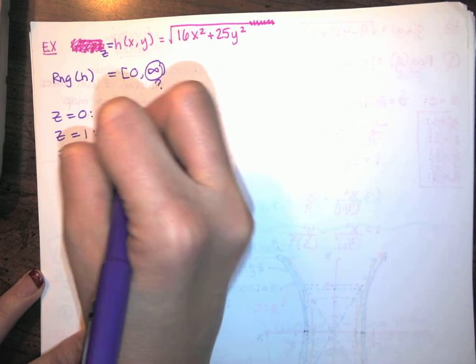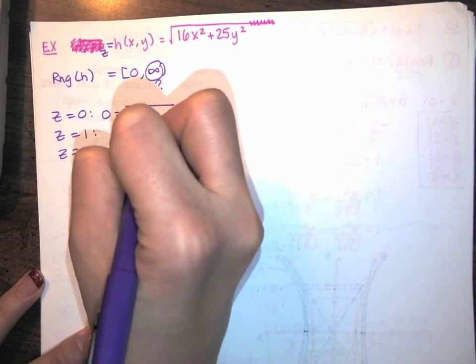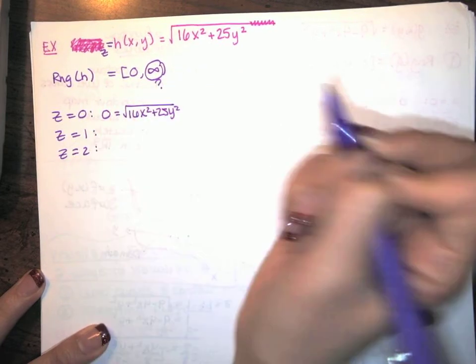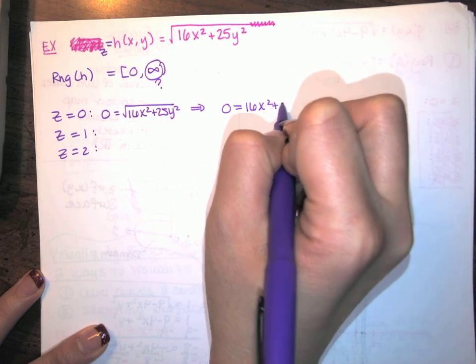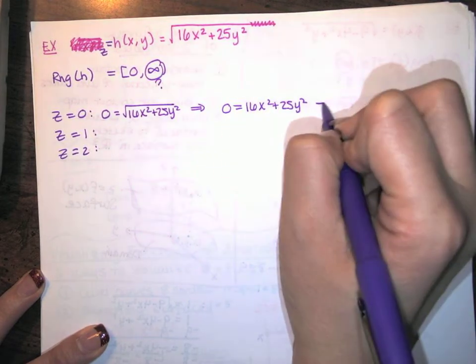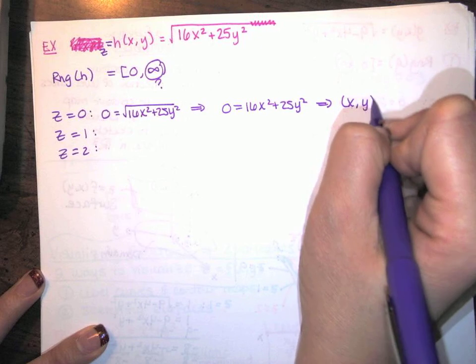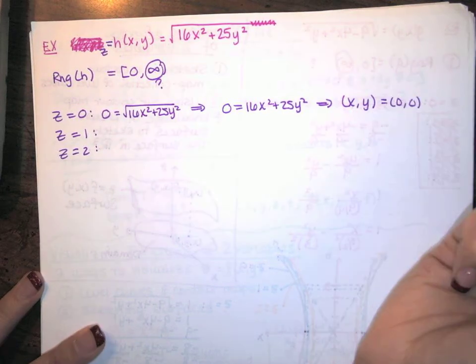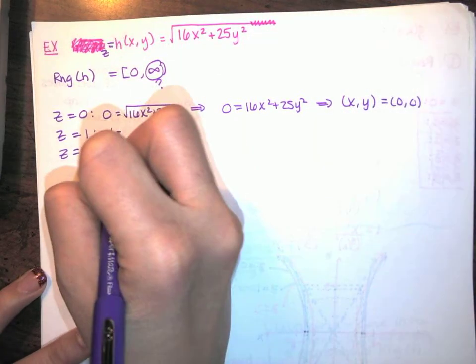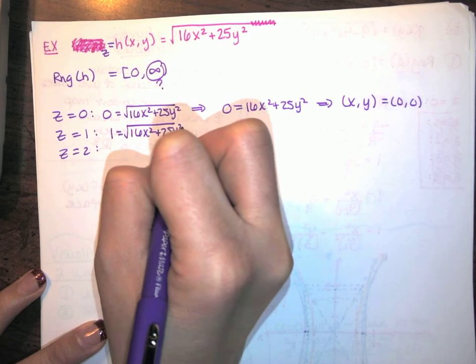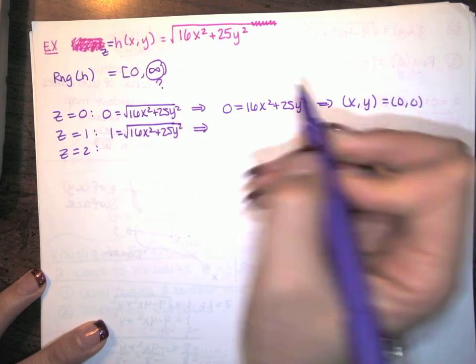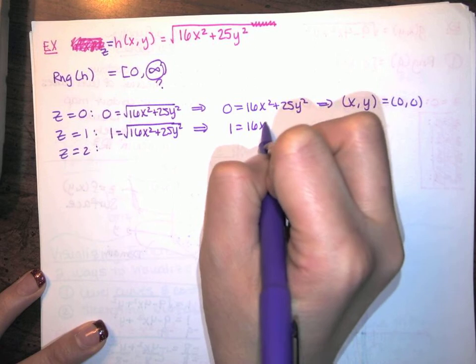If z equals 0, we've got this. That just means that 0 equals 16x squared plus 25y squared. And the only way that happens is if x, y equals 0, 0. So we're good there. Now if we set one side equal to 1, you get that. Square both sides and you get this.